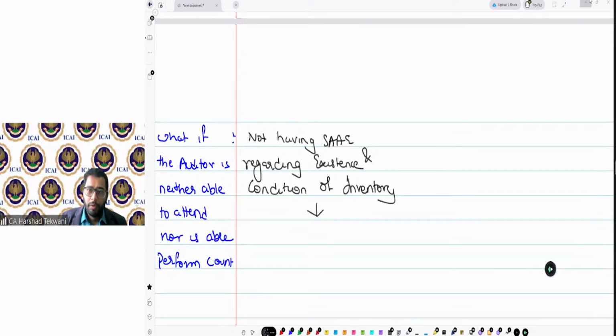If the auditor is not able to visit or not able to perform the count, I don't have sufficient and appropriate audit evidence regarding the existence and condition of inventory.